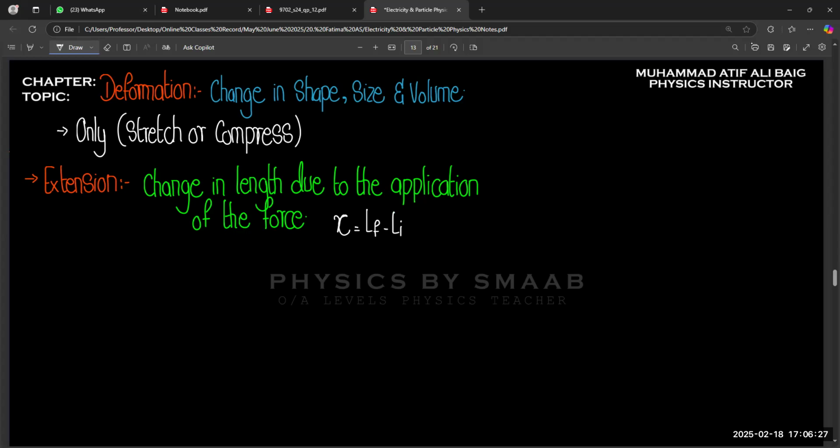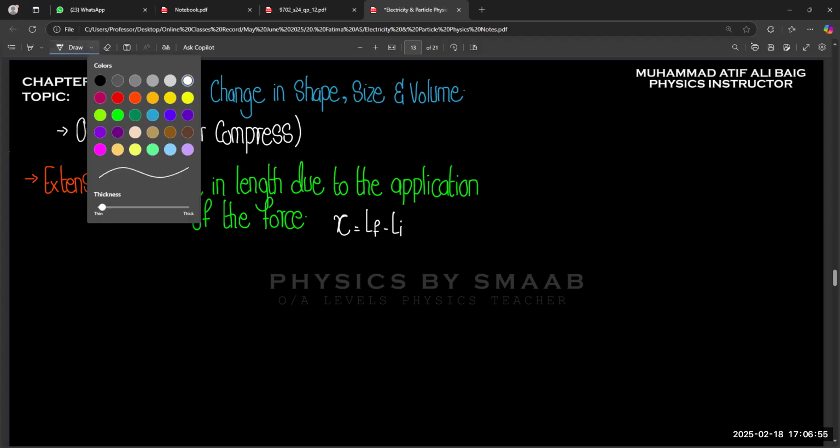This extension could be positive or negative because we are talking about the stretching or compression process. When we stretch, length increases. But if we compress the spring, length decreases as compared to the original length, so the new length will be less than the previous one.